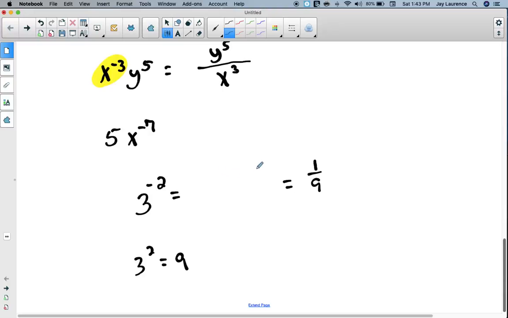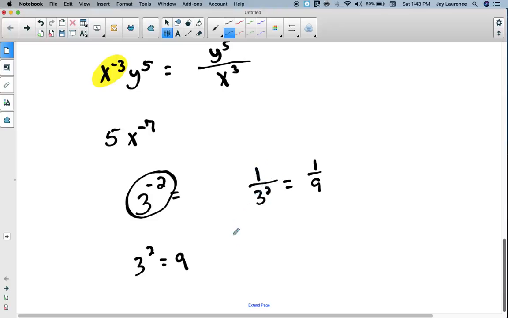Well, what's another way to say 9? Isn't it 3 to the second power? And if you look, this 3 to the negative second power is in the numerator with a negative exponent. This one's in the denominator with a positive exponent. So when I use the reciprocal, the absolute value of the power stays the same, but the sign actually changes.